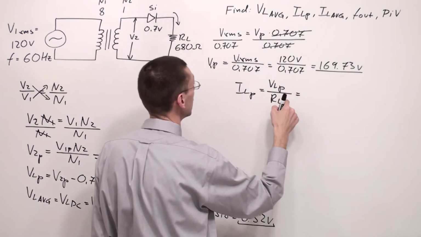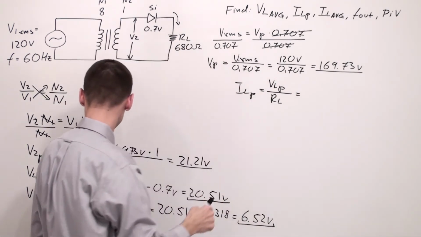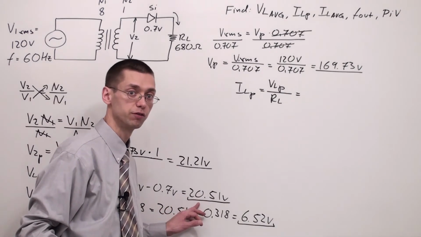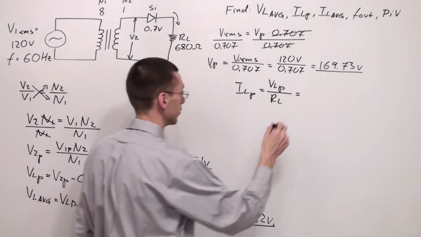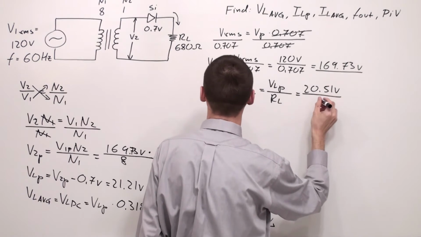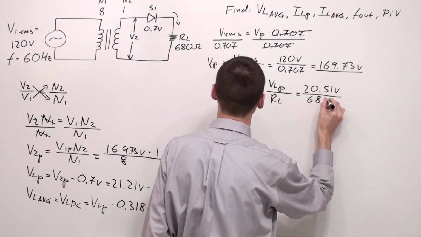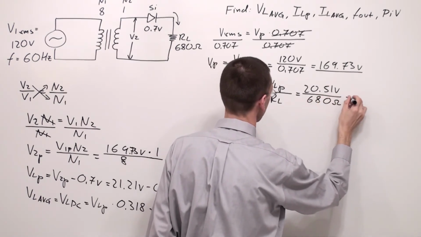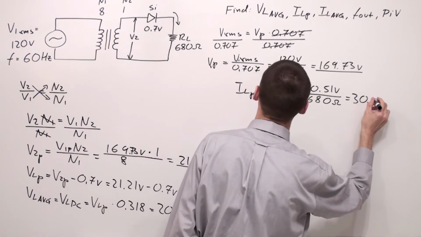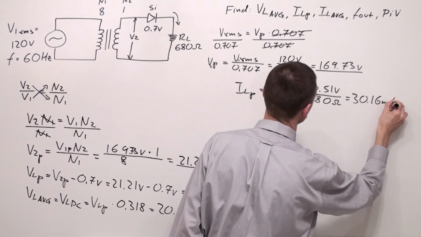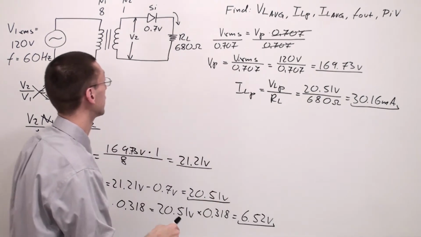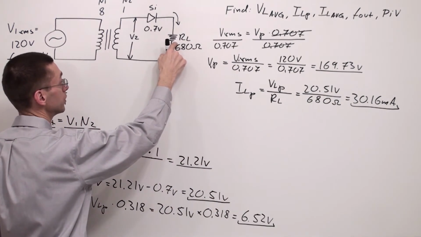We found VL peak is equal to 20.51 volts, so I have 20.51 volts divided by RL, which is equal to 680 ohms, and this is equal to 30.16 milliamps. This is my IL peak, the peak current which goes through this resistor.